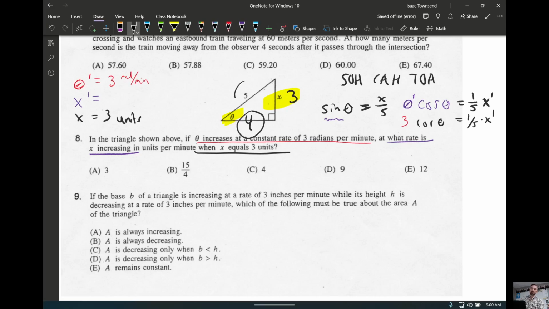We get adjacent over hypotenuse, 4/5. So 3 times 4/5 is equal to 1/5 times the answer. Multiply both sides by 5, and I would lean towards E. 8 is E. That's correct.